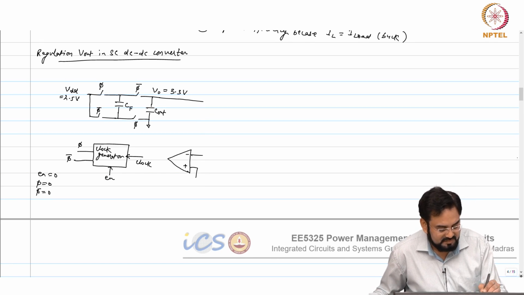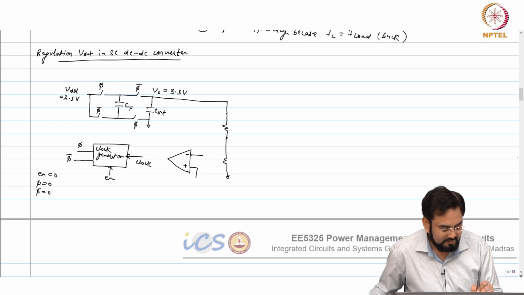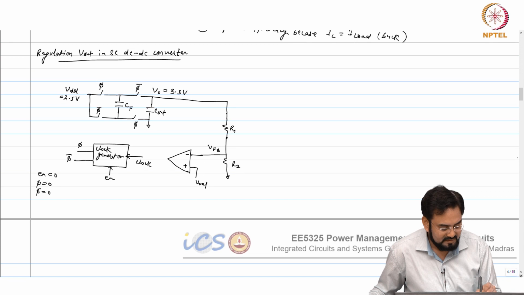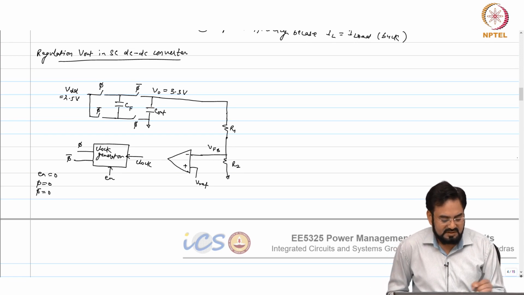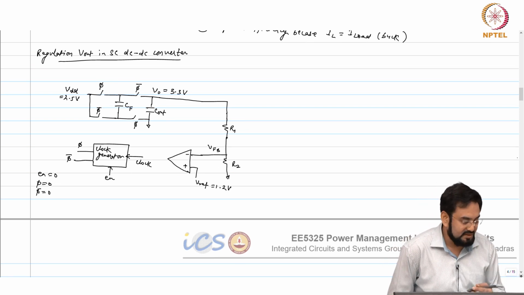Since we cannot generate 3.3 volt from bandgap, let me put here R1, R2, this is your VFB, this is your Vref. Let us say Vref is 1.2 volt. Tell me the ratio required for this.